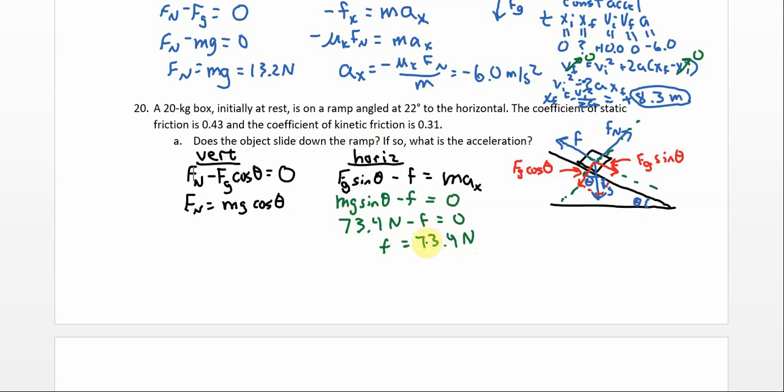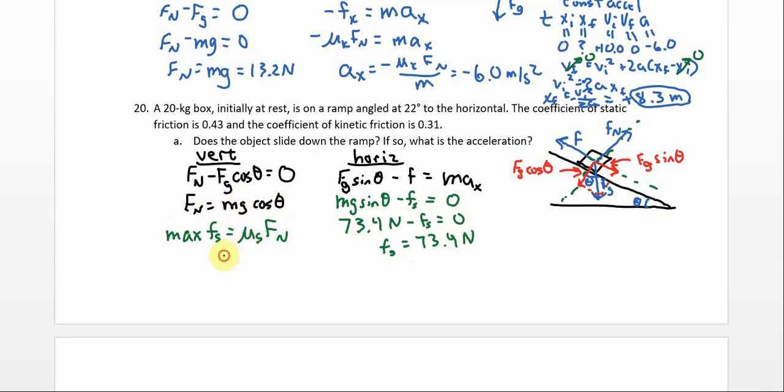The question we always ask ourselves is, because this was under the assumption that it's not moving, this would be static friction. But the question we have to ask ourselves is, can static friction be that big? We have a formula for the maximum that static friction can be. So the maximum static friction is μs times the normal force, which we've already figured out is mg cosine theta.